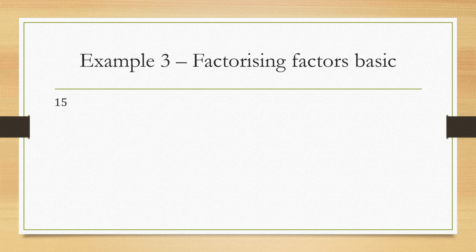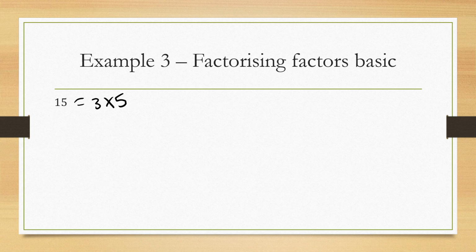So we're going to have 15. We're going to break it down into its factors. So the factors of 15 are 3 and 5, because factors are things that are being multiplied to give that number. So 3 is being multiplied by 5 to give 15.